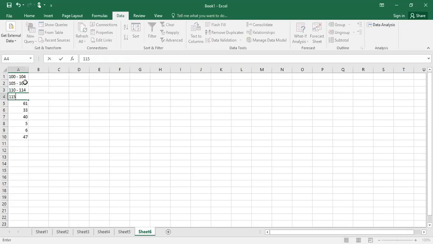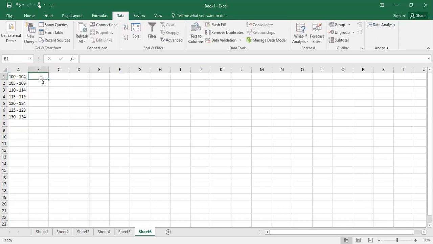Then 115 to 119. Then 120 to 124. 125 to 129. And 130 to 134. So these are our classes.